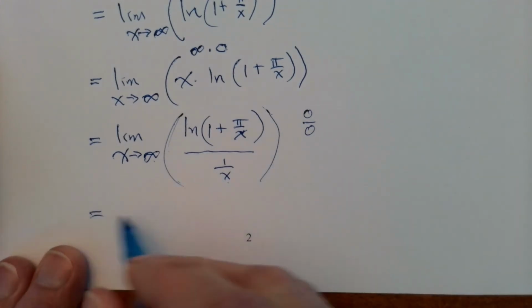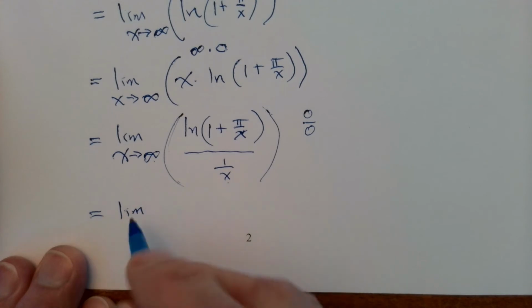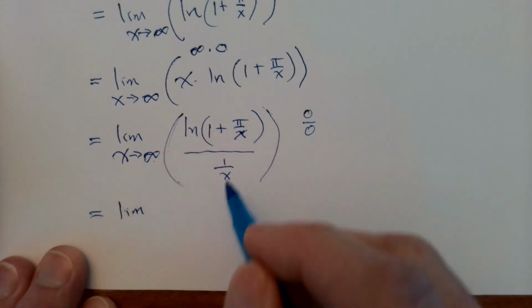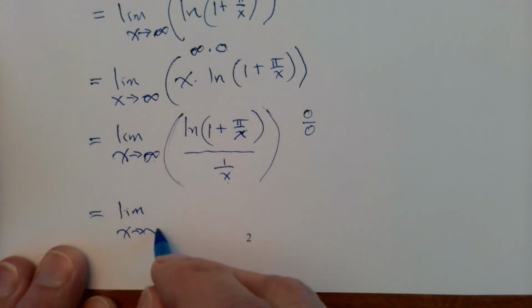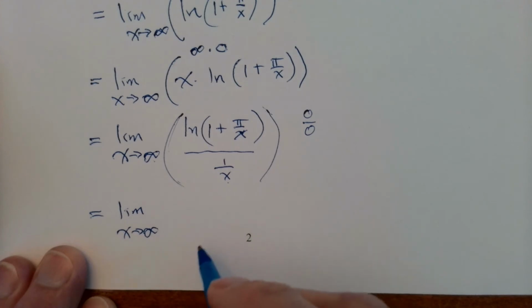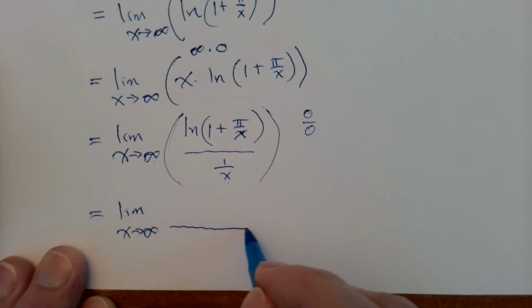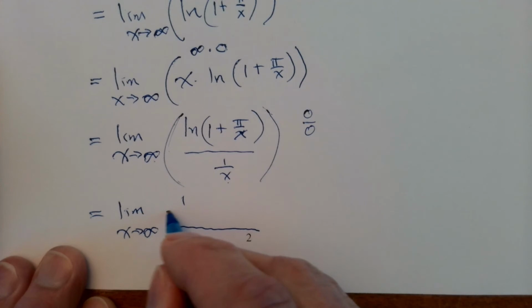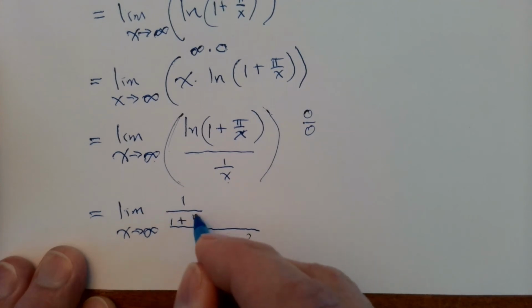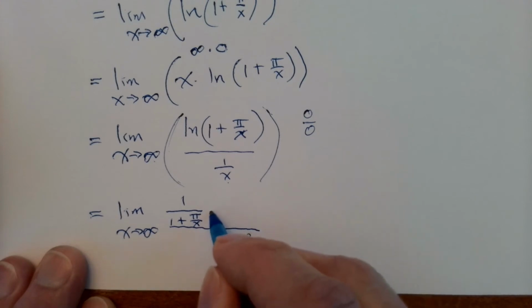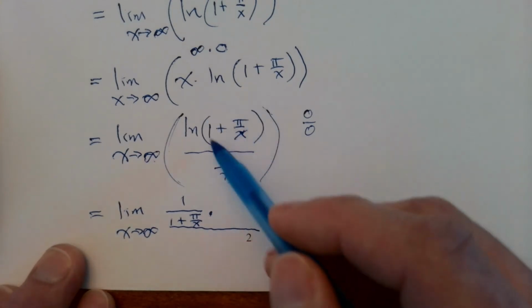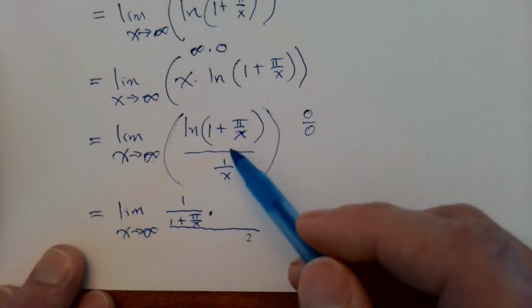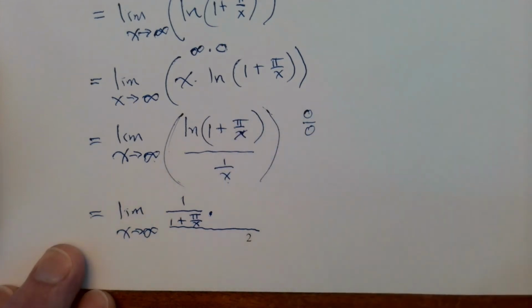And that means taking derivatives in both the numerator and denominator. Okay, what's natural log's derivative? It's 1 over whatever's inside of the log. But if what's in the log is not just x, you'll have to multiply by a chain rule factor. The chain rule factor, the second factor, I should say, is the derivative of this interior function.